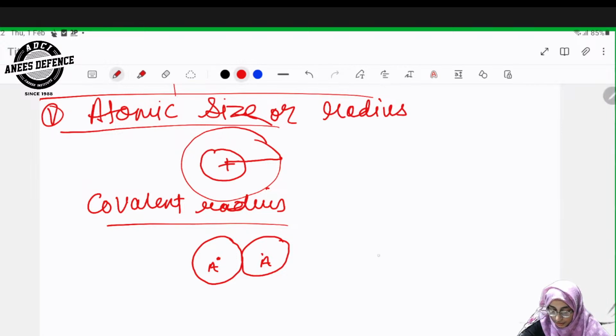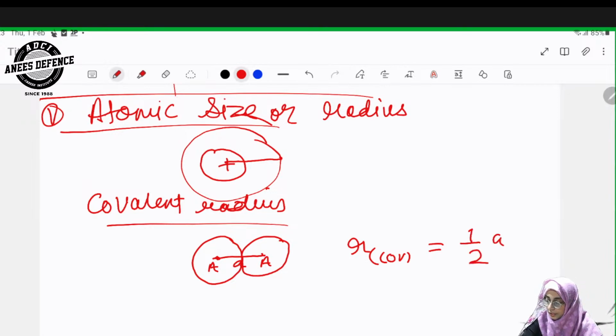We can write it as R covalent. If the distance between the nuclei of the two atoms is a, then the radius is half of a.